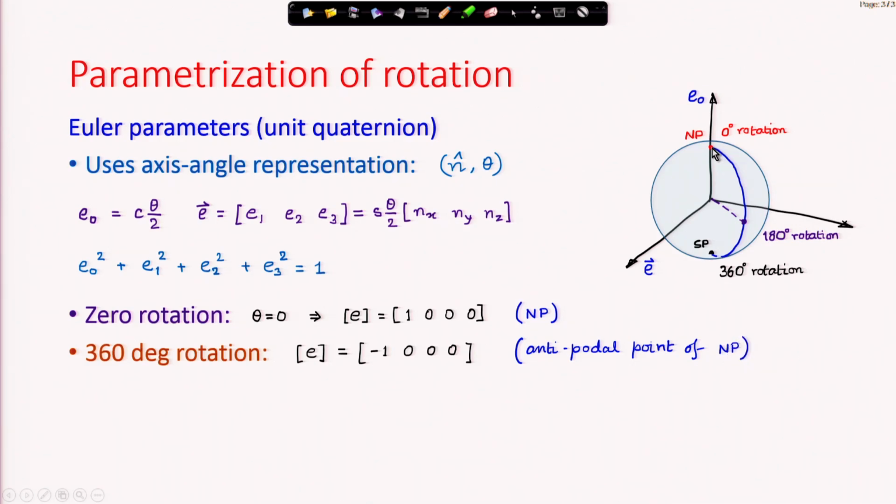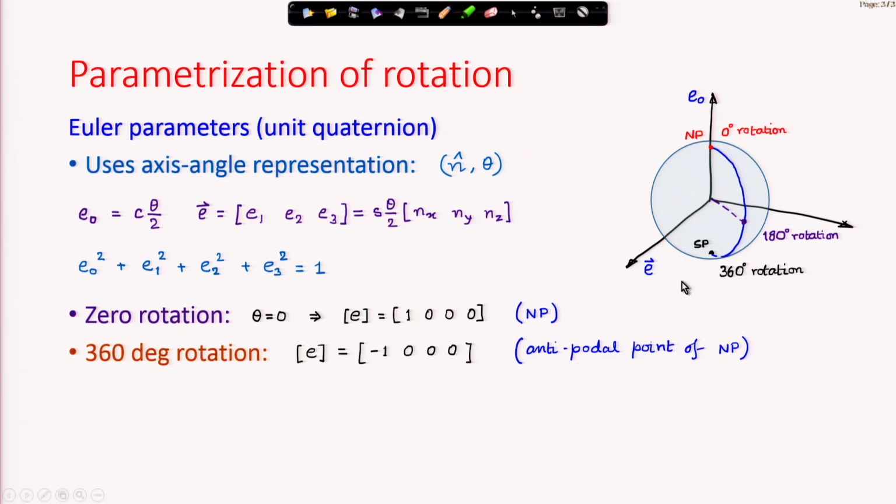When it represents a complete rotation of 360 degrees, then what happens? If you put theta as 2 pi radian, you will get minus 1 0 0 0. In other words, 360 degree rotation is the south pole, minus 1 0 0 0, of the sphere in 4 dimensional space.